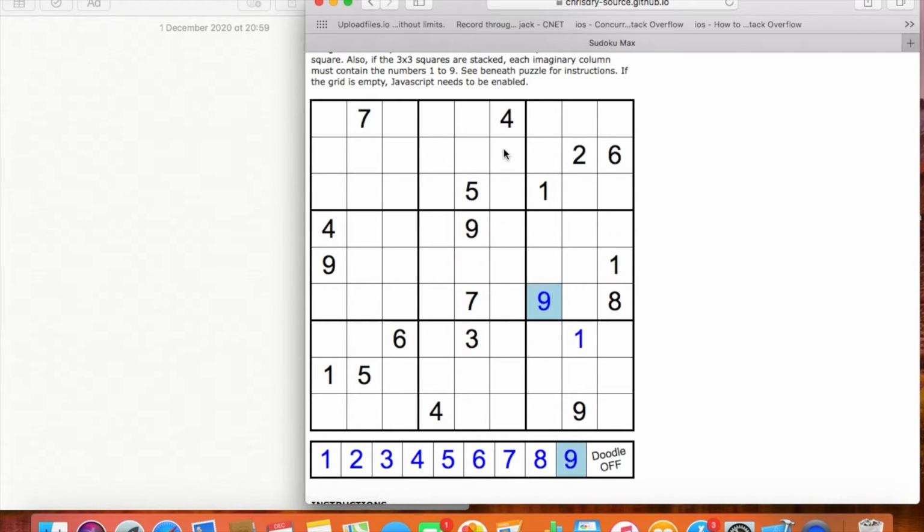There's only one place that a 4 could go in the central block, which will be just there. And there's only now one place that a 4 could go in the right hand block, and you can see it's just there.